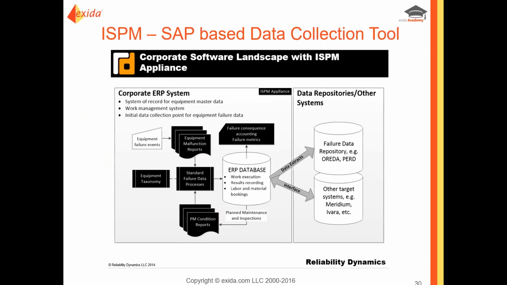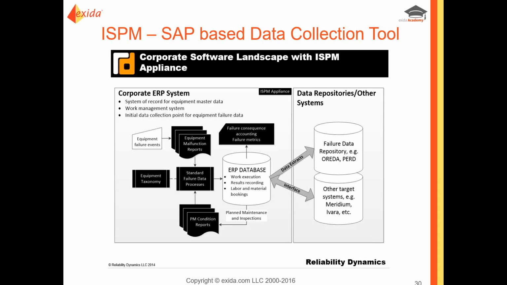Here is a diagram from the ISPM software showing how the event failure records combine with what they call the equipment taxonomy and generate a failure record database, which then can be extracted to export into a data repository like ORITA or PIRD.